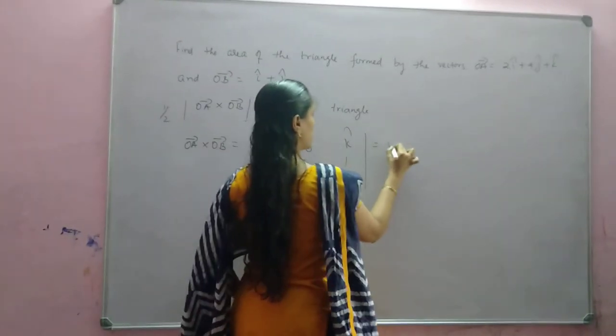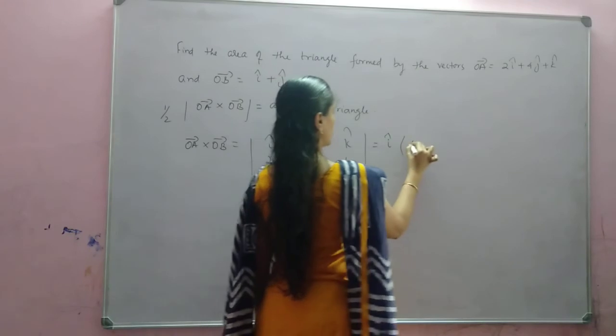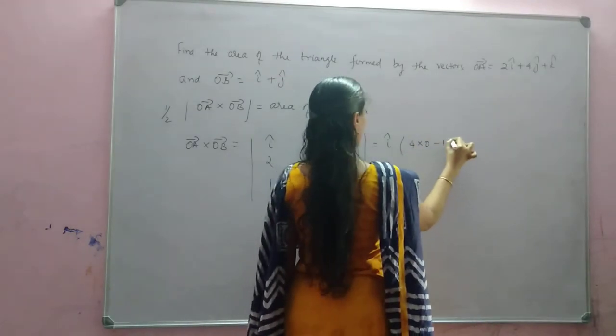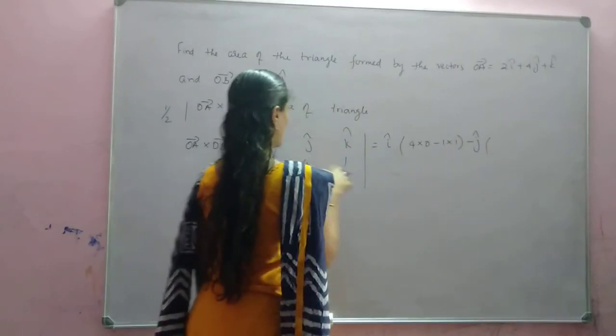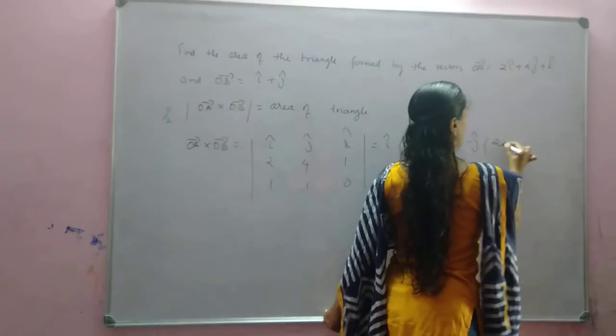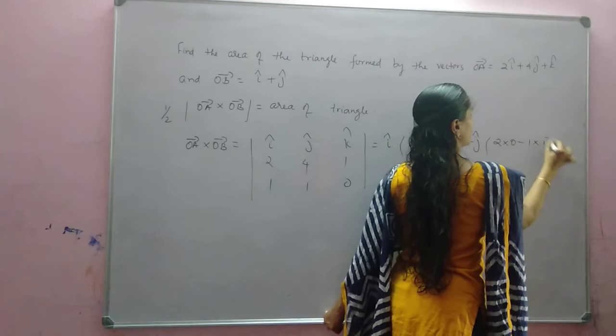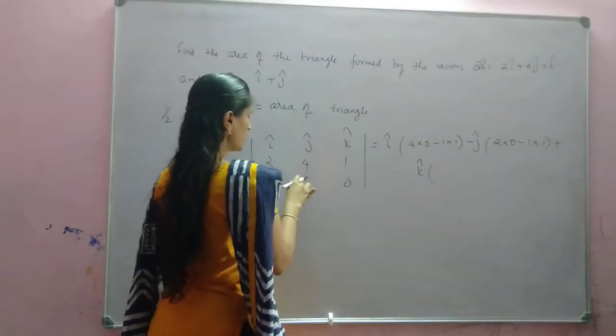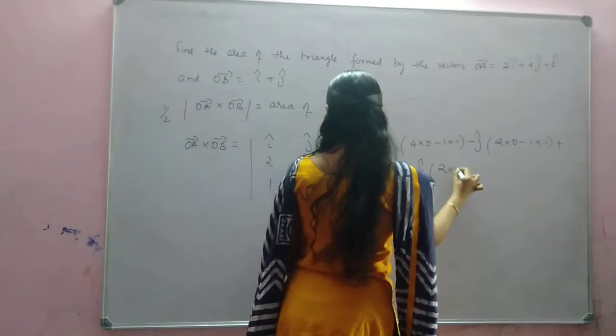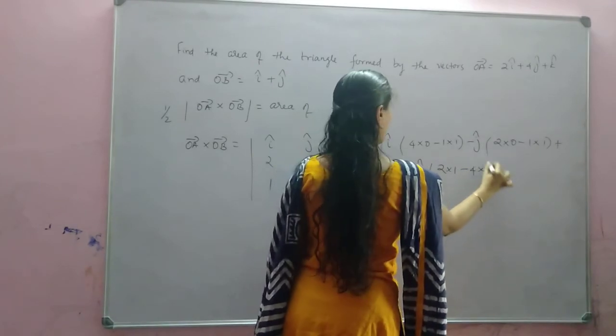So i cap into 4 into 0 minus 1 into 1, minus j cap into 2 into 0 minus 1 into 1, plus k cap into 2 into 1 minus 4 into 1.